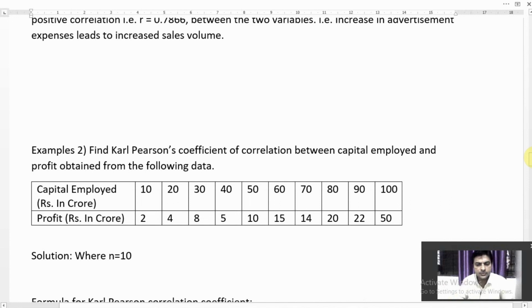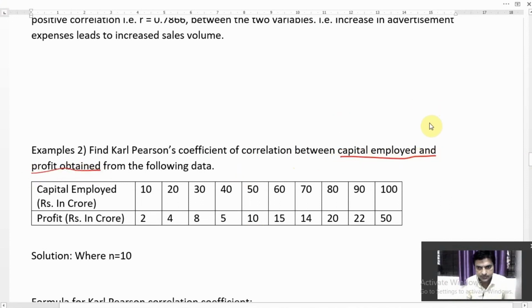Find Karl Pearson coefficient of correlation between capital employed and profit obtained from the following data. Here they have given only 2 variables, so there is no confusion. Please remember that whatever correlation they have given, it is between 2 variables.